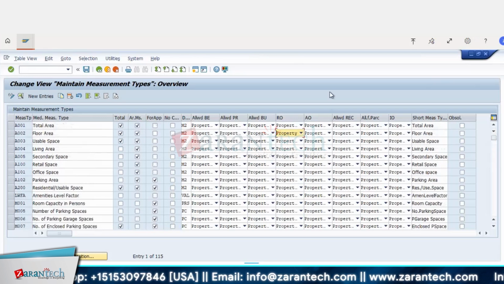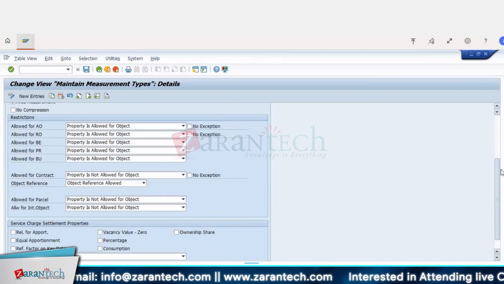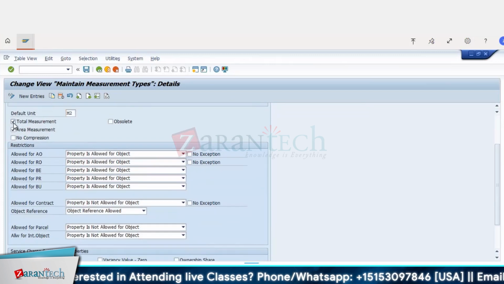Can you double click on any of the measurement types? Scroll down. Total measurement, can you scroll up? Is total measurement ticked or not? Yes, total measurement, area measurement also. Can you scroll a little bit up?